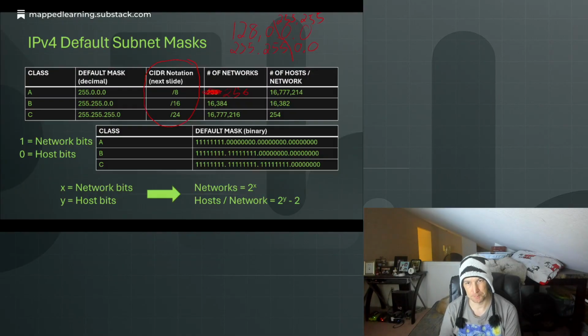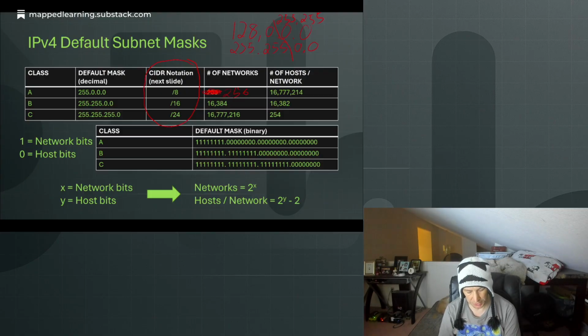So down at the bottom, if we look at X is network bits and Y is host bits in a subnet mask, we have two formulas. Networks is 2 to the power of X, where X is how many bits are turned on for the network. So if we look at Class A, the CIDR notation is /8, meaning 8 bits are turned on for the network.